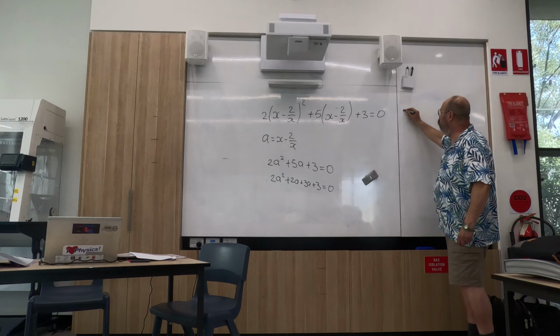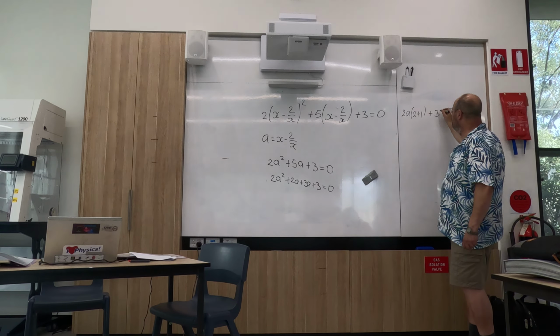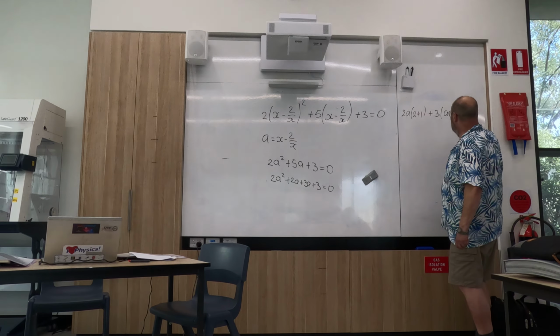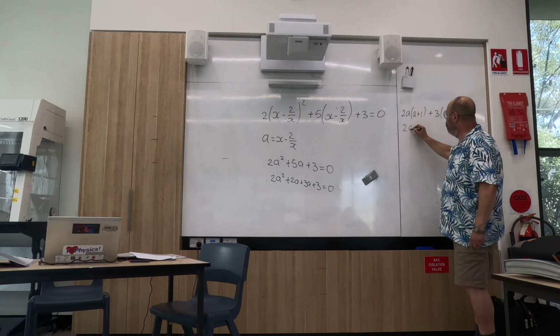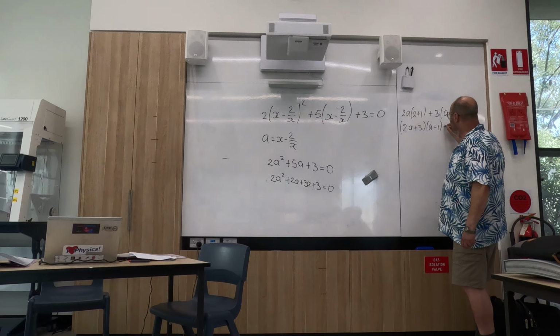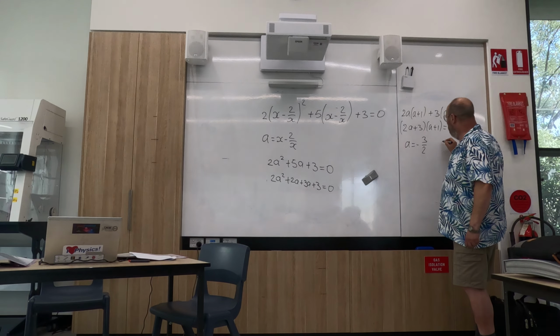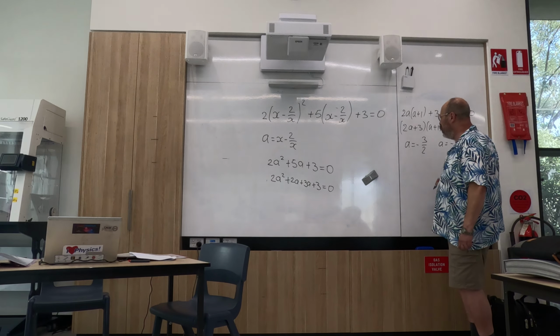So we get 2a times a plus 1, plus 3 times a plus 1, equals 0. So 2a plus 3 times a plus 1 equals 0. A equals negative 3 over 2, or a equals negative 1.